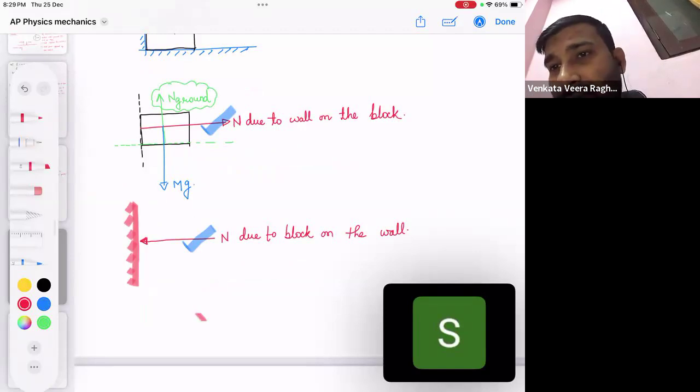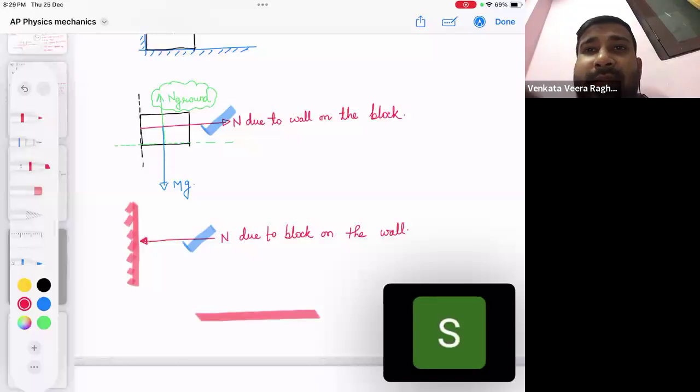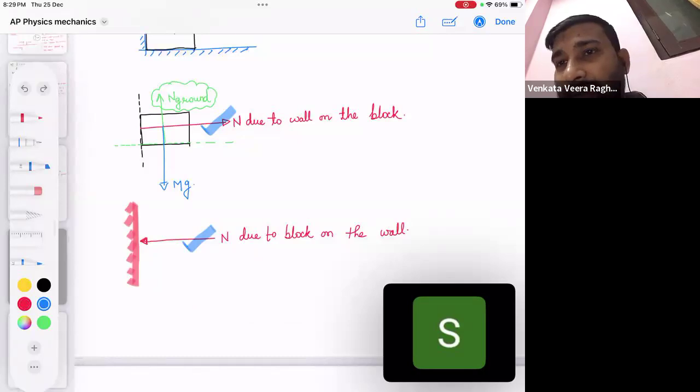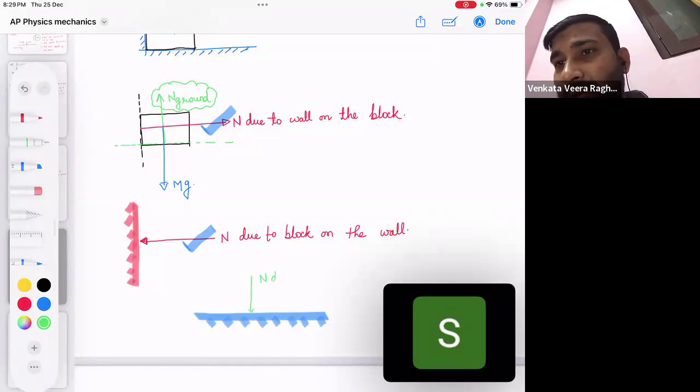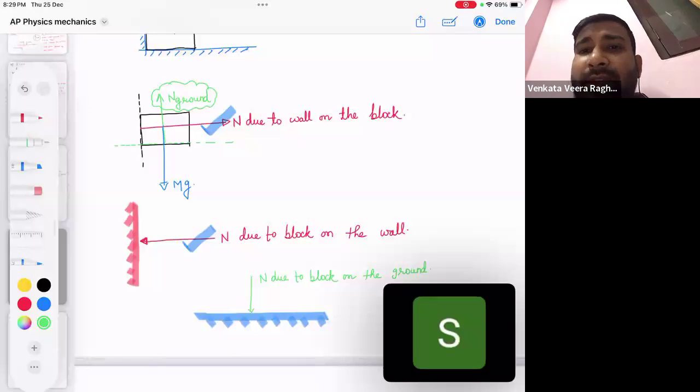Can I say, if I draw the ground, please tell me, if I draw the ground, is the ground experiencing a normal force due to the block on the ground, or on the table, you can say the ground surface or table, and this is normal.